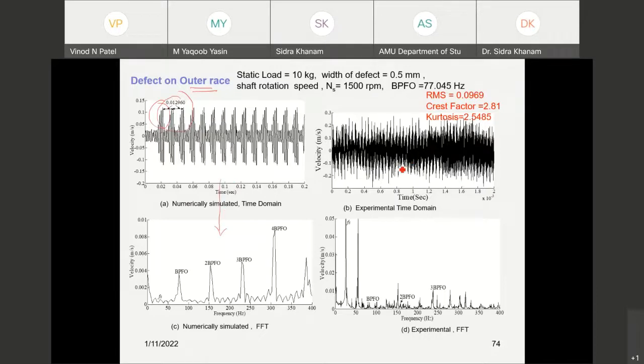This is the experimental time domain data and its frequency response is given here. Here the ball pass frequency of outer race is available, along with the second, third and fourth harmonics. The same is available in case of outer race defect.